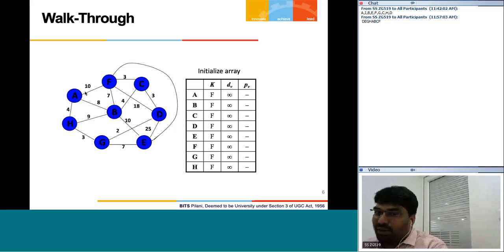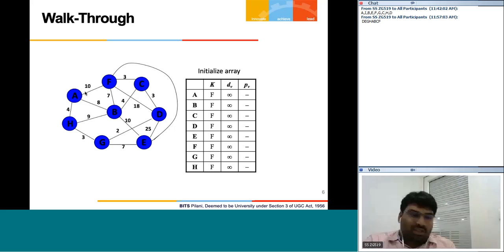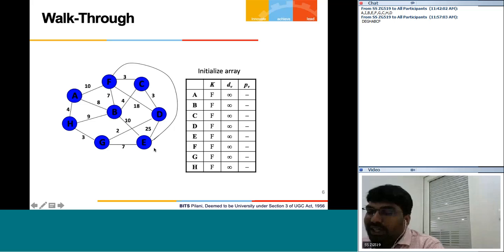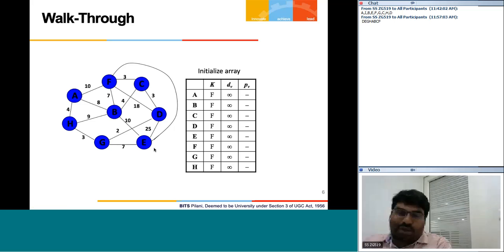Now, if somehow I remove, let's assume I have removed the path between G to E, or let's say I have removed the path from D to E. Which path do you want me to remove?